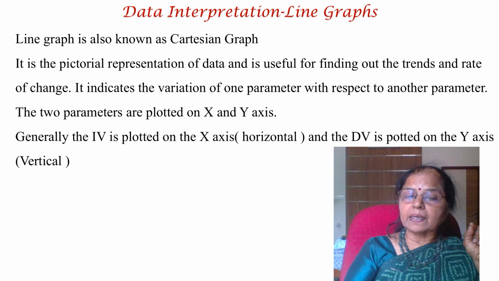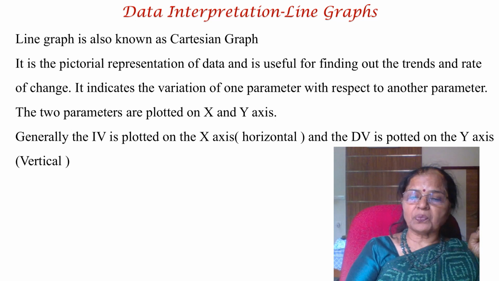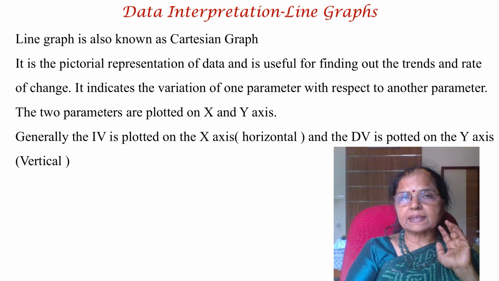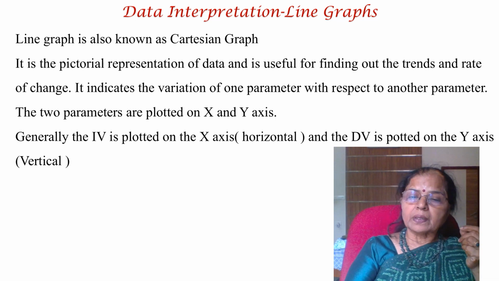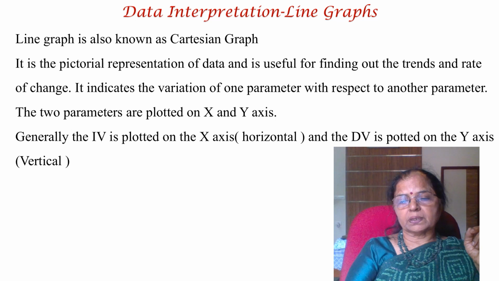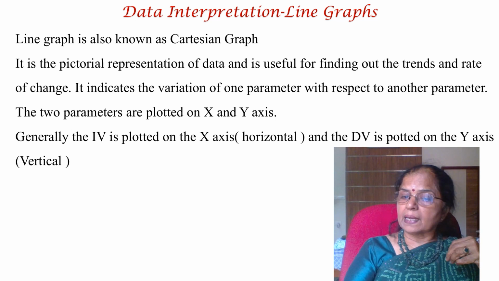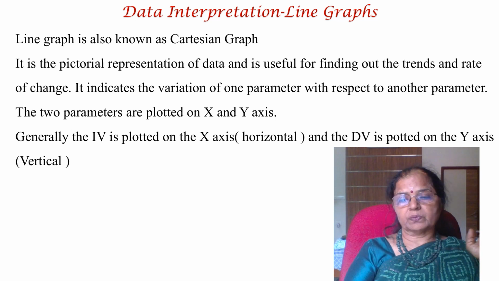And in the horizontal axis, the IV is plotted. IV is the independent variable. And on the y-axis, the vertical axis, the dependent variable is plotted. What is an independent variable and a dependent variable? For the definition of these variables, please look into my older videos where I have explained them with examples.